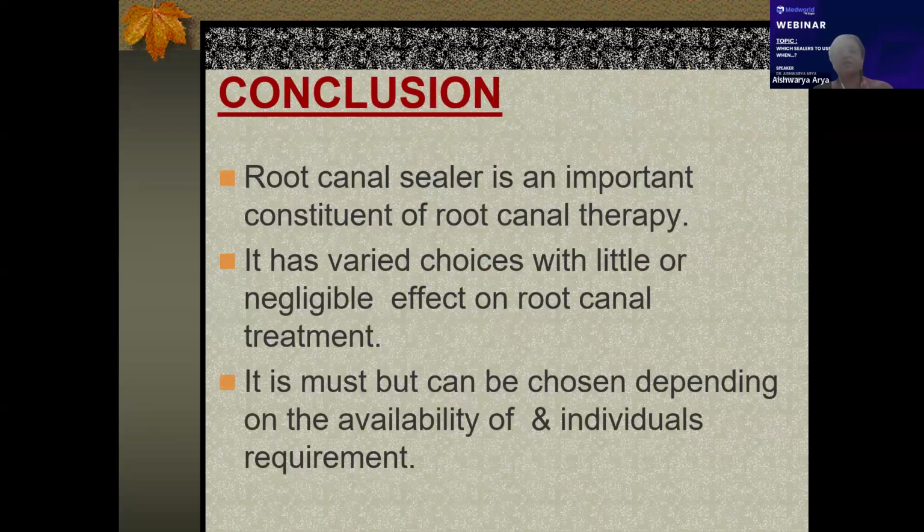So I would like to conclude here: doing a very good irrigation and biomechanical preparation, and finding all the canals is very important, but what you are exactly leaving inside the canal is the sealer and your obturating material.